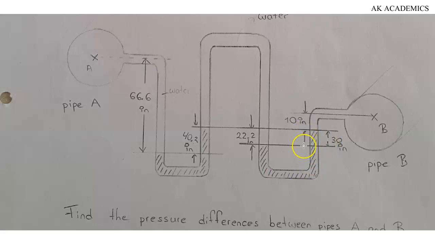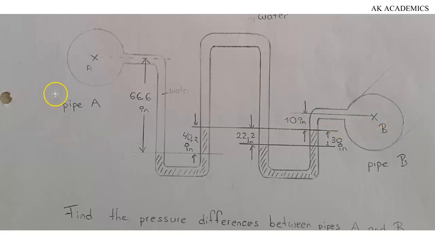Mercury is flowing up, so it's going to be negative, and we have 30 inches for that particular height. Also, we have another type of liquid here, which is also flowing upward, so this is going to be a negative sign too. So it's going to be minus 10 multiplied by whatever it is you need to multiply it with, and then you are going to equate it to B.